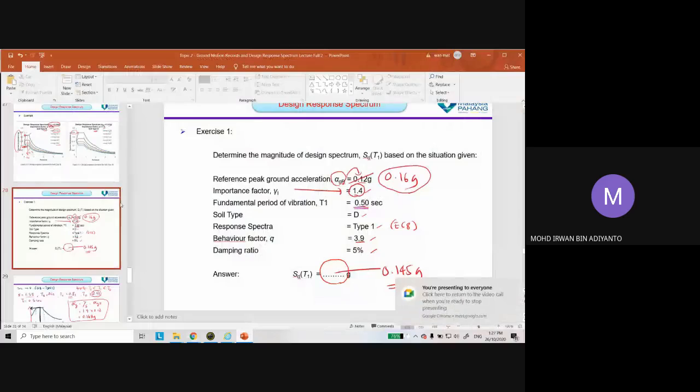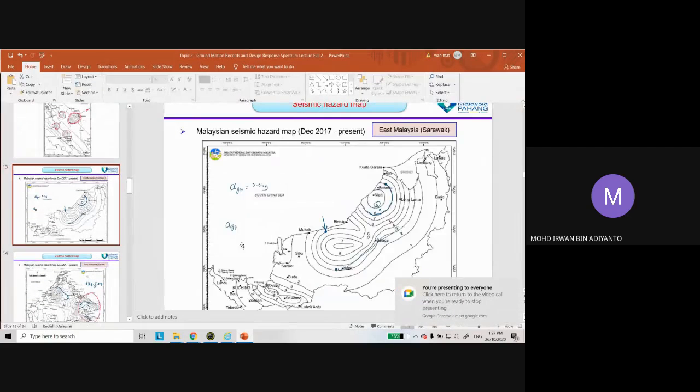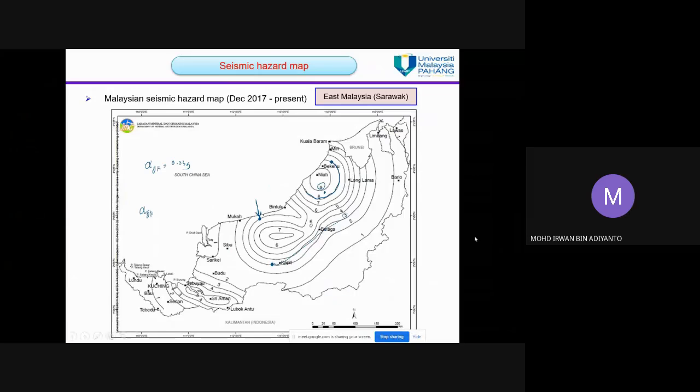So how to relate this lesson is by referring to this map. By referring to this map, you can know the spectral acceleration near this area and near this area. I ask you one question. Kalau kita diberikan importance factor yang sama, behavior factor yang sama, soil type yang sama, let's say soil type D, in Nia and Cebu, which area will experience higher SDT1, higher spectral acceleration?